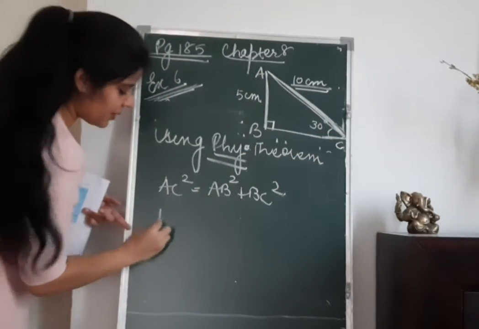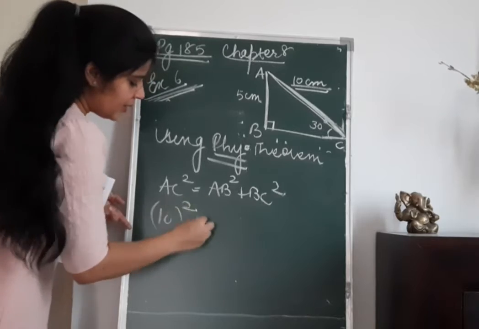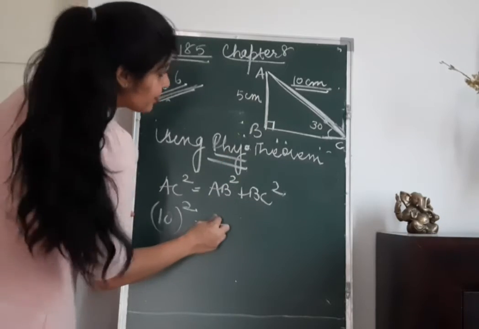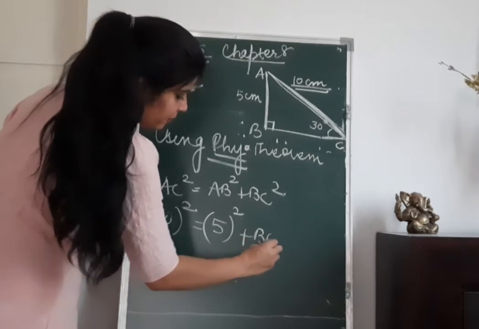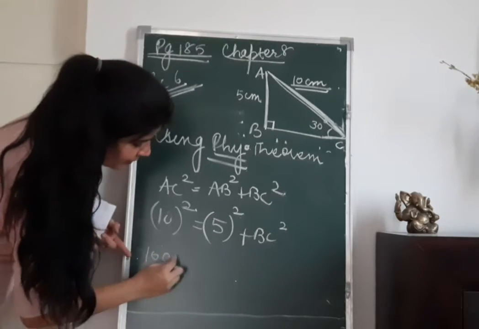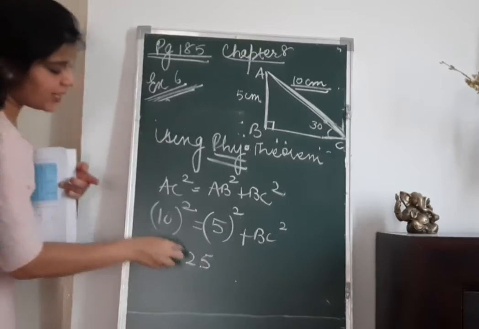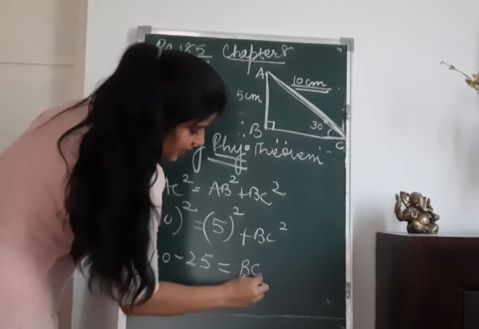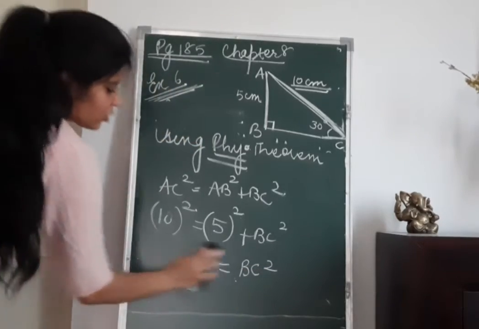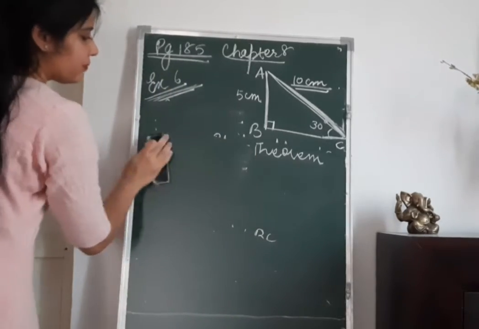That is 10 centimeter. So 10 square is equal to AB square, which will be 5 whole square, plus BC square. That is 100 minus 25. 10 into 10 is 100 and 5 5s are 25. Taking this to this side, I get this as BC square. So BC square is equal to what?